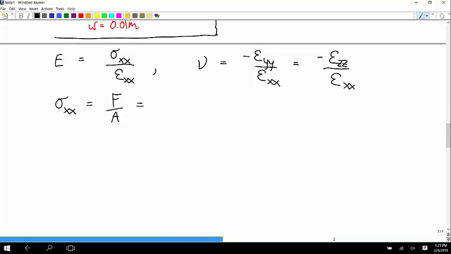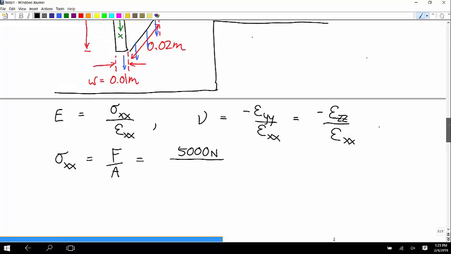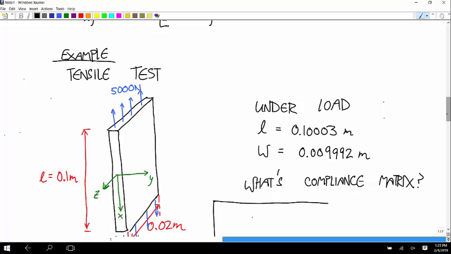Okay, so the force is 5,000 newtons. For the area, we're going to use the original area, not the deformed area. Since we're assuming small deformations in everything we do, it's not worth making a big deal out of that. They're basically the same.